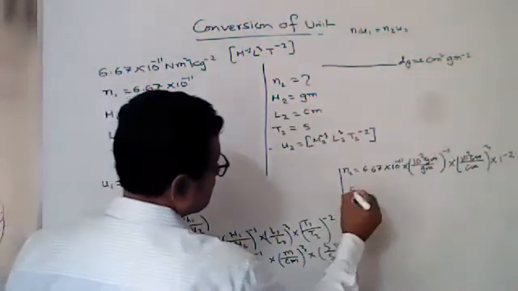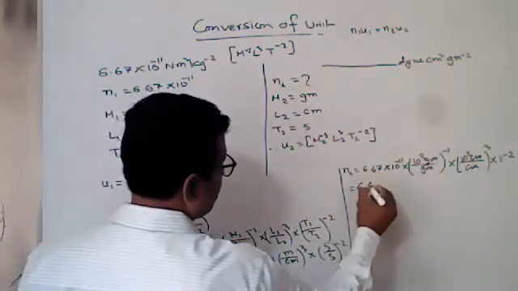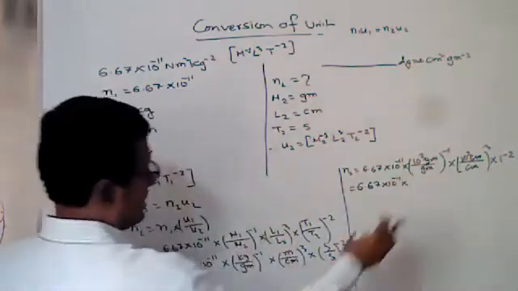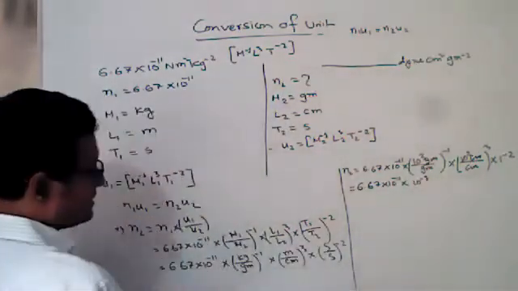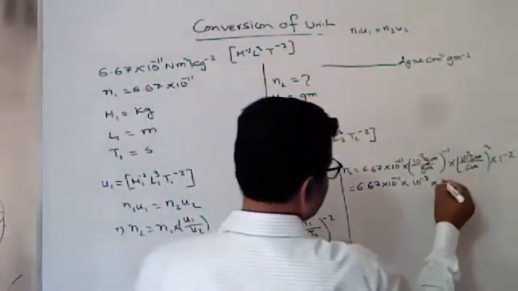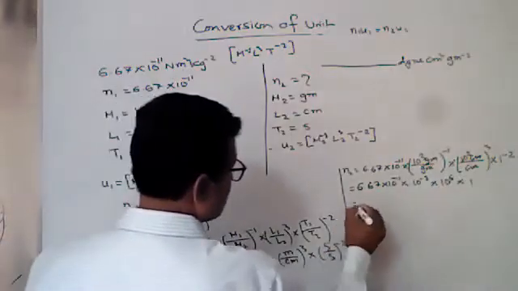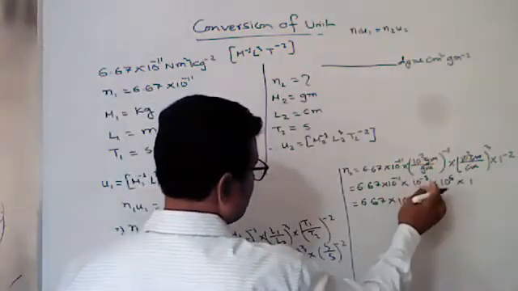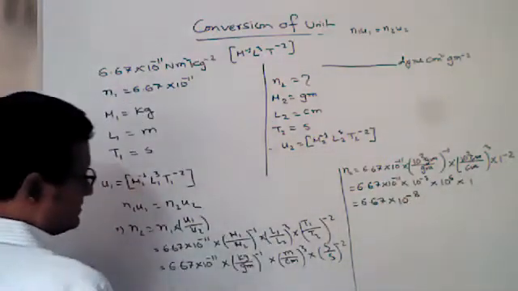Now we can write 6.67 into 10 to the power minus 11 into 10 to the power inverse 3 into 10 to the power 6 into 1. So it will be 6.67 into 10 to the power 14.6, that means minus 8.